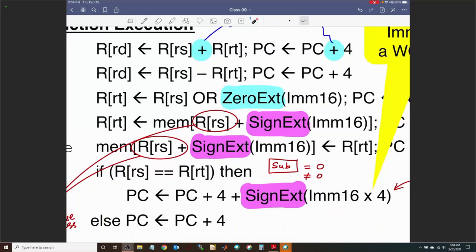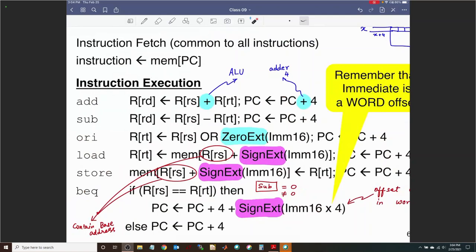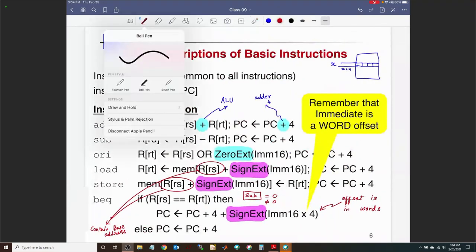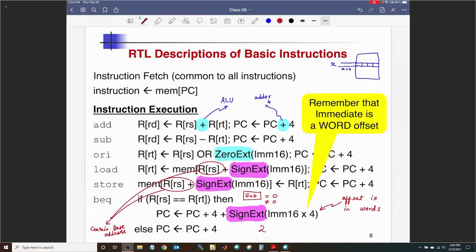So when we are talking about the branch when equal instruction, we looked at that example. Where does the 2 go in this line? Right here, the immediate. Yes.